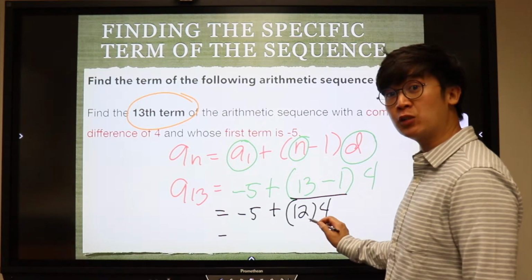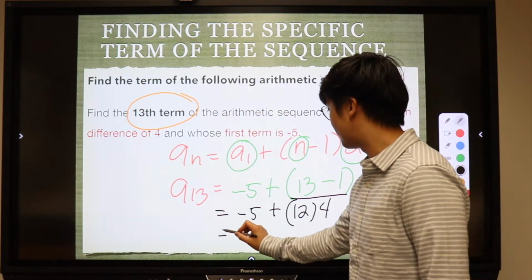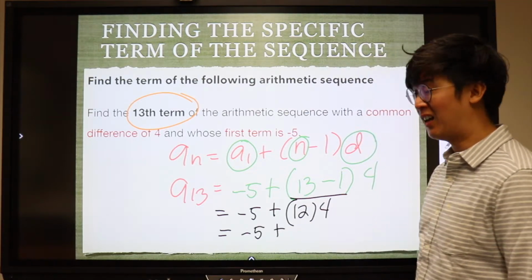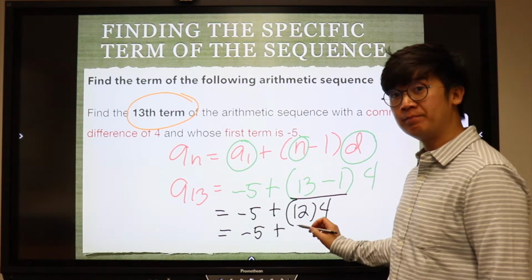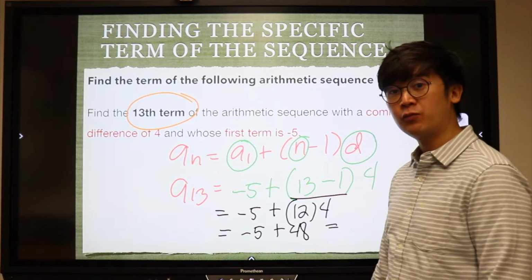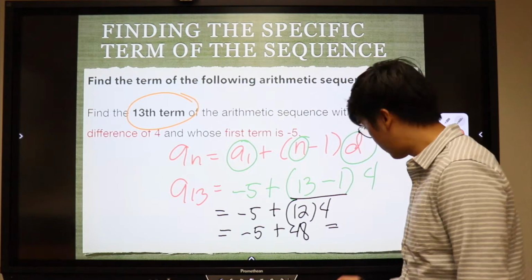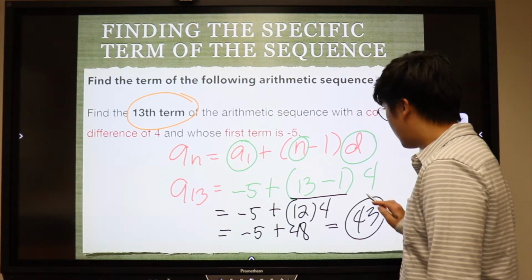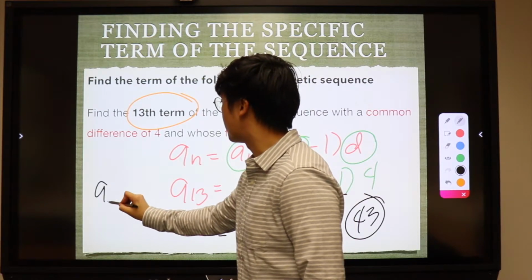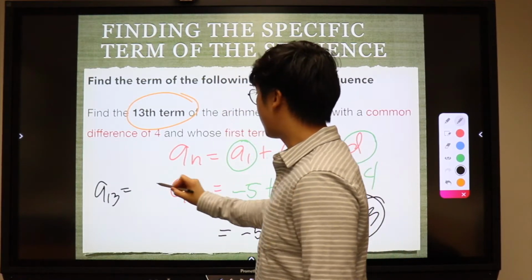You need to multiply 12 and 4 first, right? Yes. What did you do? I forgot the negative. What is 12 times 4? 48. And now you have negative 5 plus 48. So negative 5 plus 48? 43. So the 13th term of the sequence is 43.